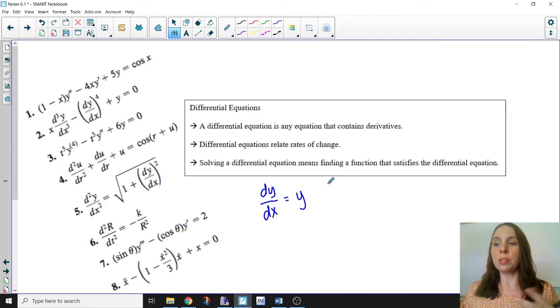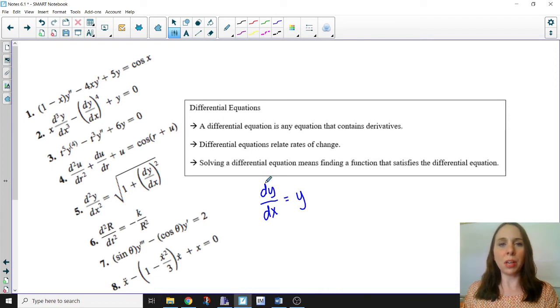There's all sorts of things that you could do, and we're going to talk about those things in this section to solve that equation. But also, you could just think to yourself, what function would satisfy this equation? If you read this, it says the derivative is equal to the function, right? The derivative of y is equal to itself. Which function has that property?